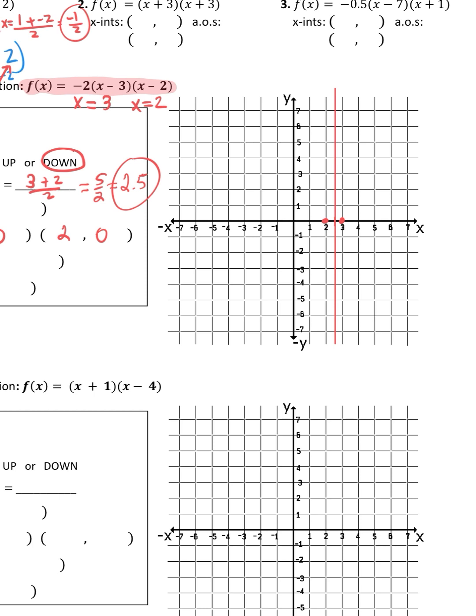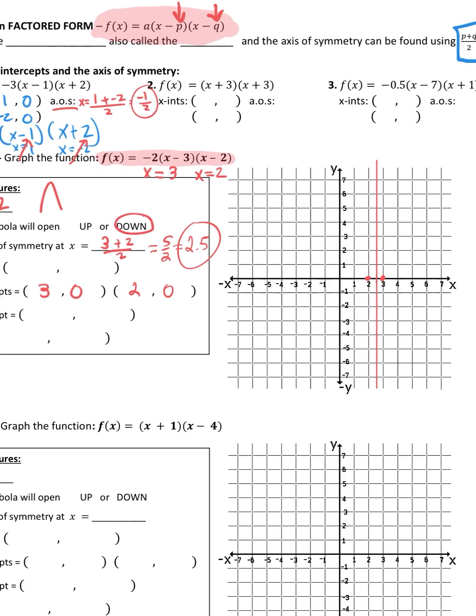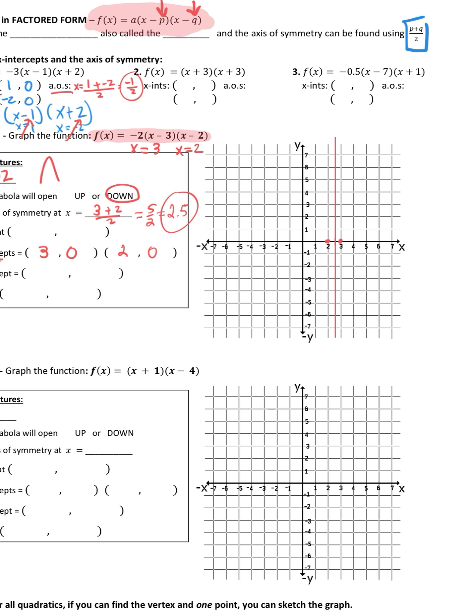It doesn't seem like it's too helpful just yet. But what you're going to see is that if I take this number, 2.5, and stick it into the original equation, whoops, let's not do that. Let's do this instead. If I stick that number, 2.5, back into this original expression and solve for y, I could find the vertex.